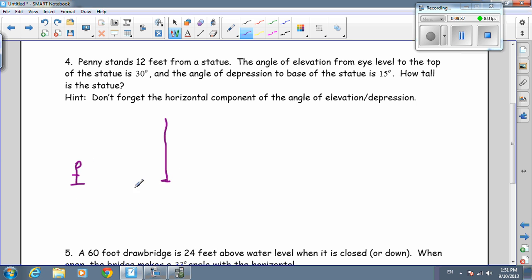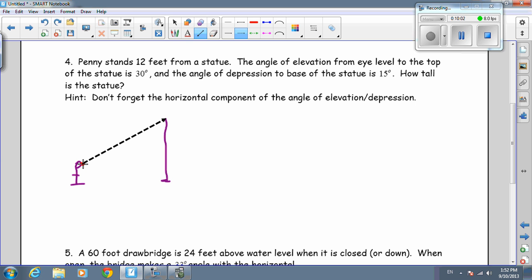And we assume that the distance between Penny and the statue is 12 feet. Now, the angle of elevation from her eye, Penny's eye is somewhere by her face. So let's assume this is her eye. The angle of elevation from her eye, meaning from this point to this point, to the top of the statue.